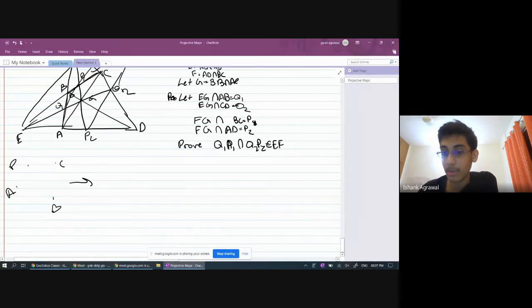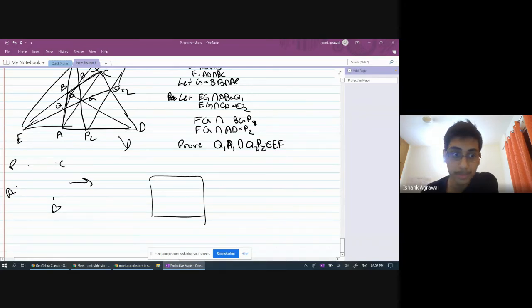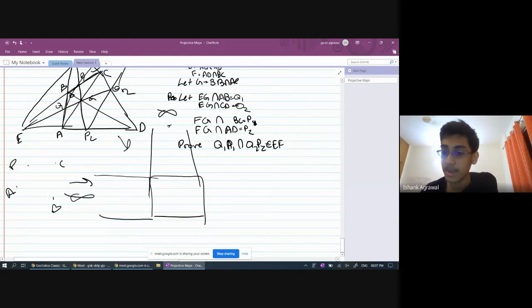Basically, we can send any 4 points to any other 4 points. So we send this to a square. When we send this to a square, E becomes infinity, F becomes infinity, G becomes the center, and P1, P2, Q1, Q2 become lines parallel to the sides.